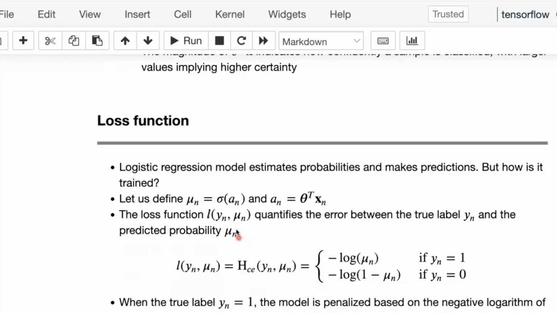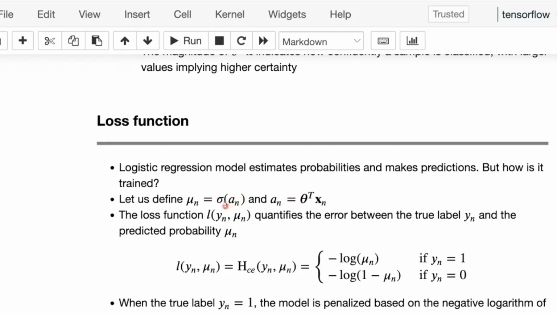So in order to explain this, remember, we always find this dot product or inner product between theta and each data point or input feature vector, which we call x_n. And it's a single scalar here because it's a dot product. And we give this to the sigmoid or logistic function. And this gives us this probability score mu_n.